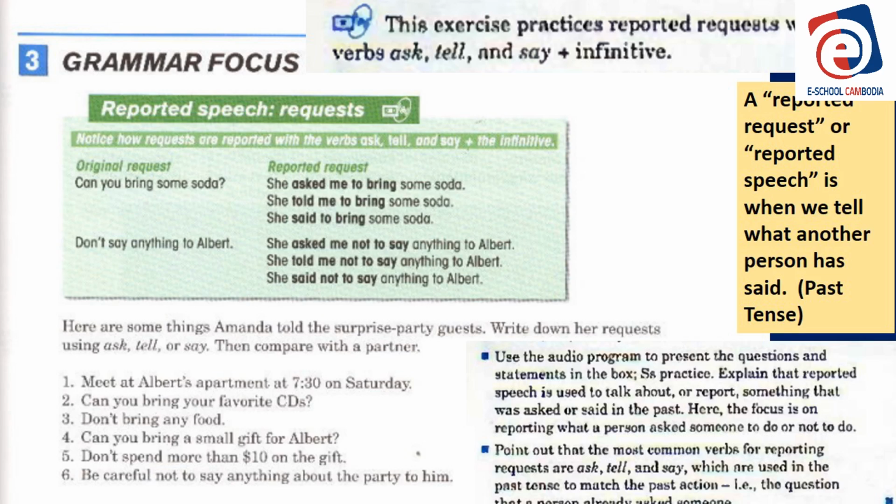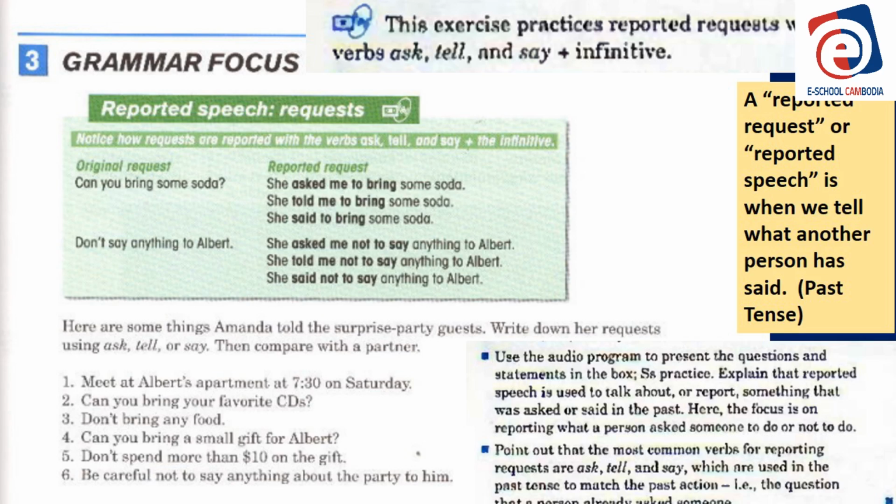They made the request, or they had the conversation, before now, and therefore it's in the past. When we tell someone else, we use a past tense verb because we're talking about something that happened before now.